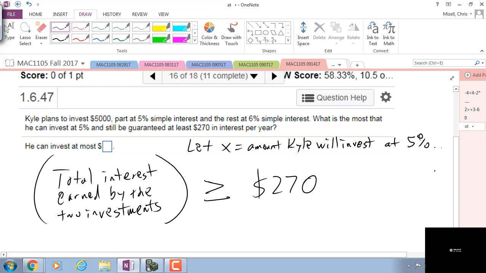We can express the resulting amount that will be invested at 6% in terms of that, and then use both of those to calculate the total amount of interest. So if he's going to invest $5,000 and X dollars will be invested at 5%, how much then will be invested at 6%?